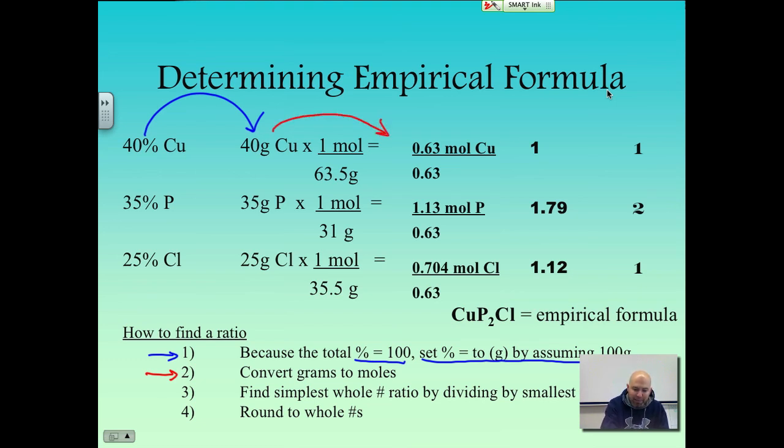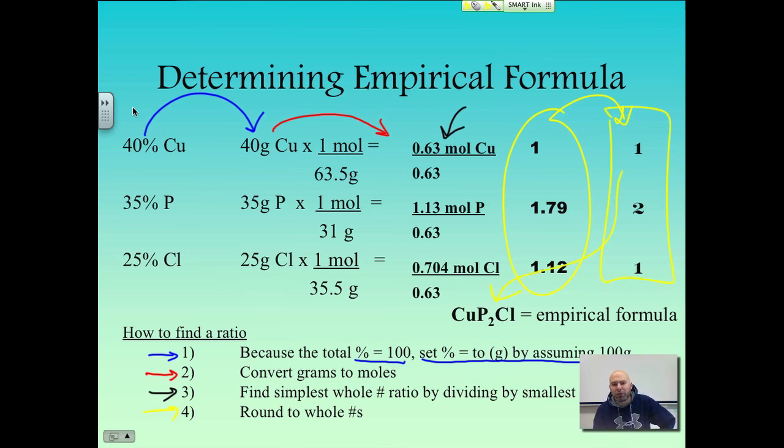The next step is find the simplest whole number ratio by dividing by the smallest number of moles. So that's this step right here. And then last step is you round to whole numbers, and there it is. And then these become the subscripts for my empirical formula.